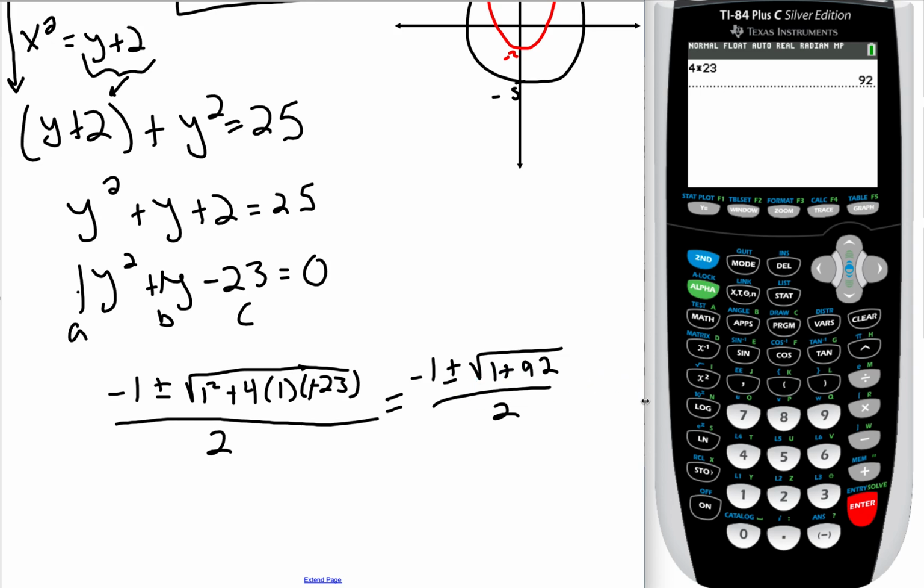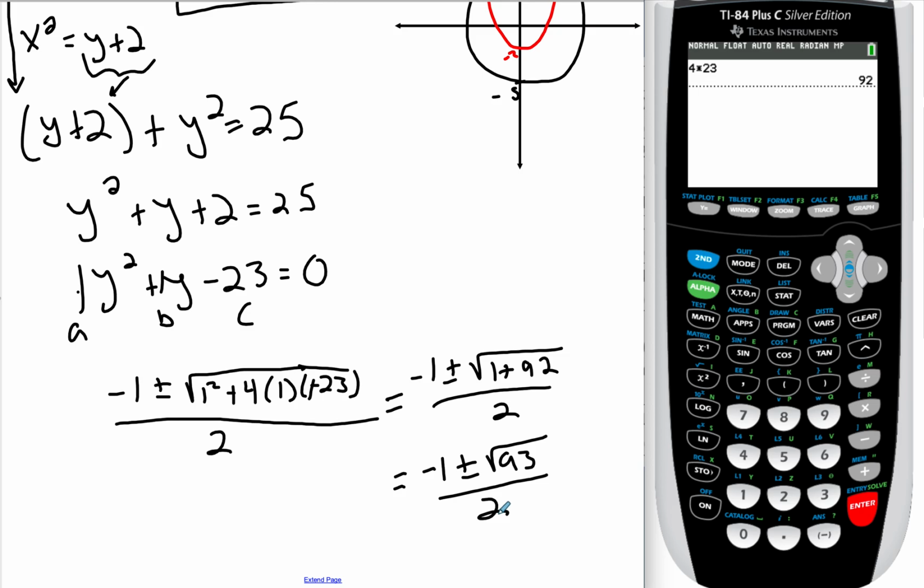We could try 93 over 9, not going to work. 93 over 16, not going to work. 93 over 25, yeah, this is going to be challenging, but that's all right. So what we have is -1 plus or minus the square root of 93, over 2.